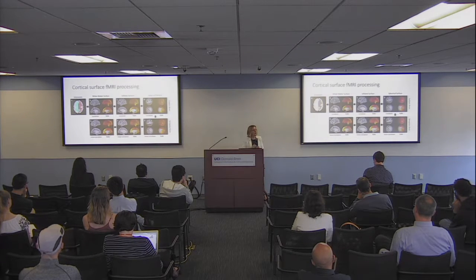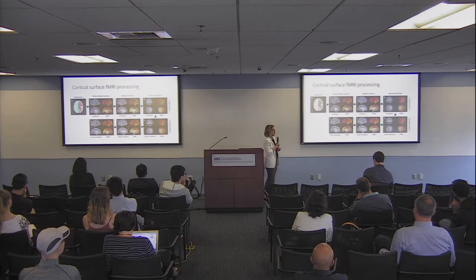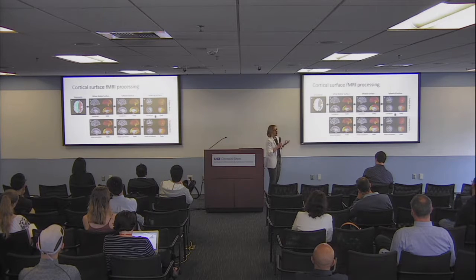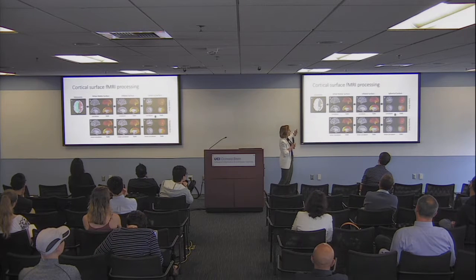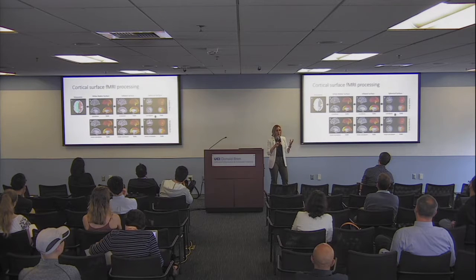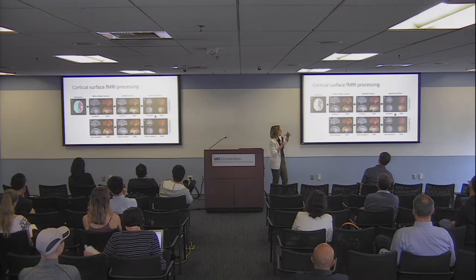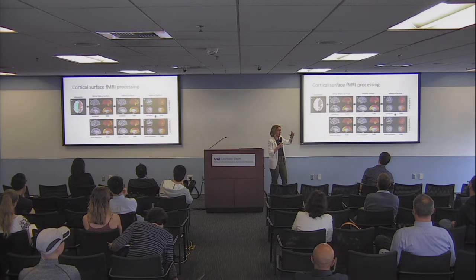Okay, so I don't really want to go into detail here, just to give you a very baseline understanding of how cortical surface data works. And so the volume is used to establish the white matter and pial surfaces, so that's the boundaries of the cortical gray matter, which are then projected to different inflation levels.